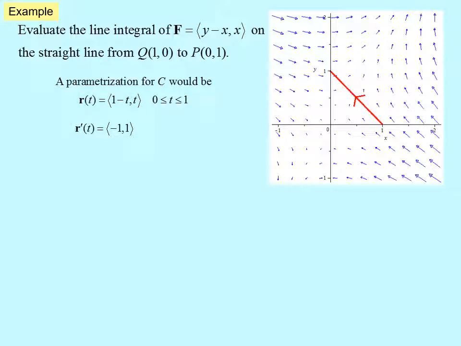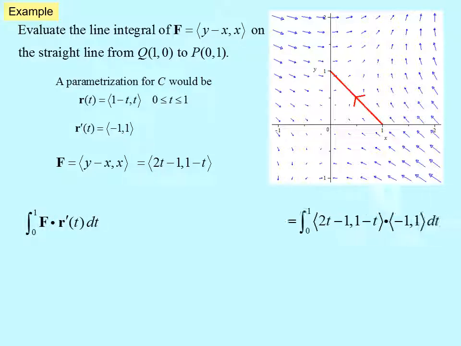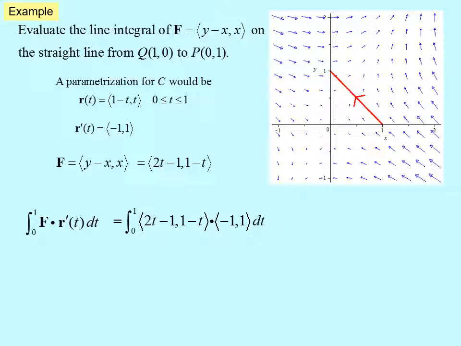We do its derivative. We convert our vector field into t's using our parameterization. We do the dot product and then integrate that. Well, this integral comes out to be the same thing we got whenever we went along the curved path.